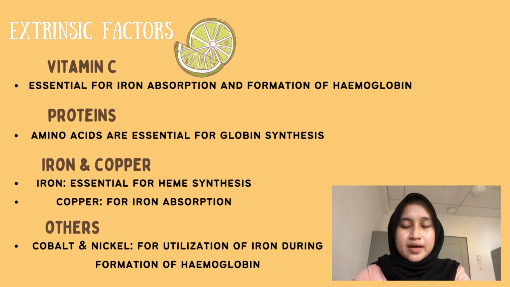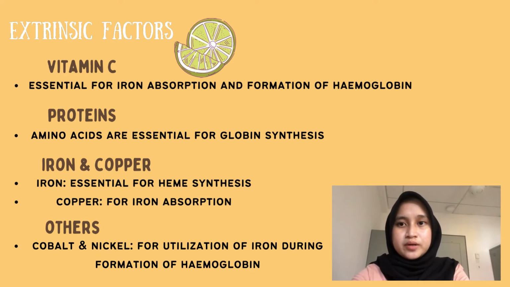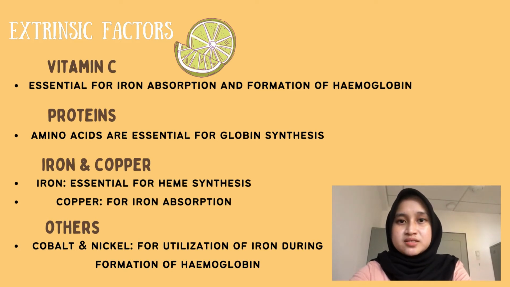For extrinsic factors, they come from our diet intake. So we have vitamin C, protein, iron, copper, and others. Vitamin C is very important because it helps to absorb iron and also plays a vital role in formation of hemoglobin.